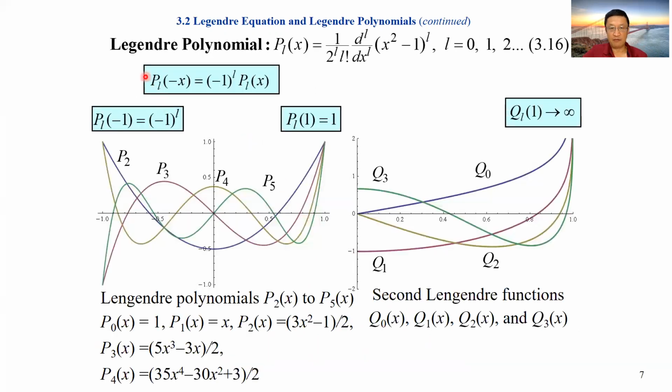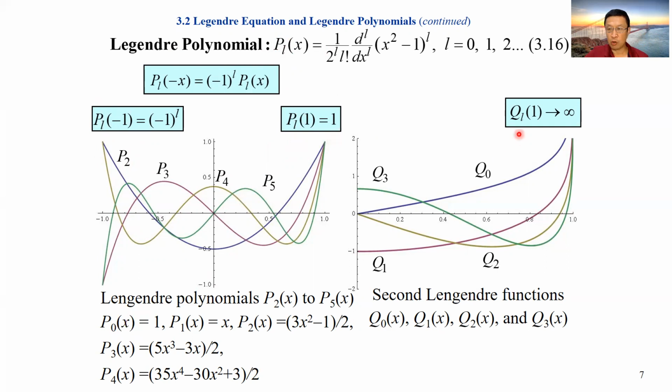Here is the characteristic behavior of these functions. First is P L. We want to confine P mu at x equals 1 to be finite, to be convergent. So L should be an integer: 1, 2, 3, 4, 5.